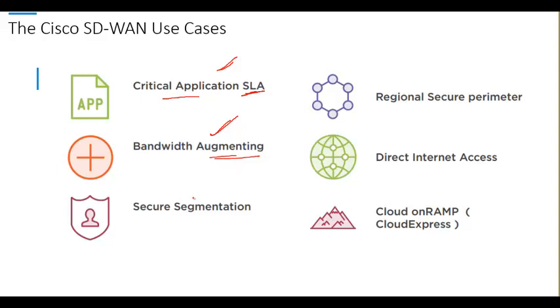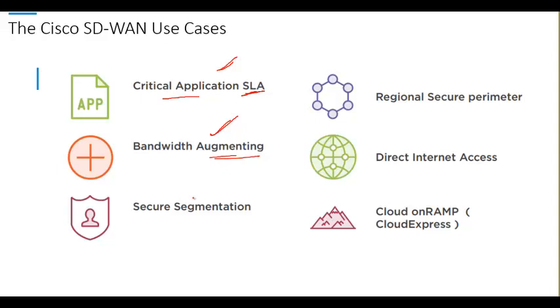Can I increase more than what is there in the physical? It was no earlier. But now with SD-WAN, I can combine the bandwidth of the internet and the bandwidth of MPLS. Boom.